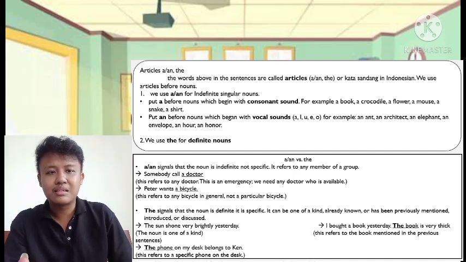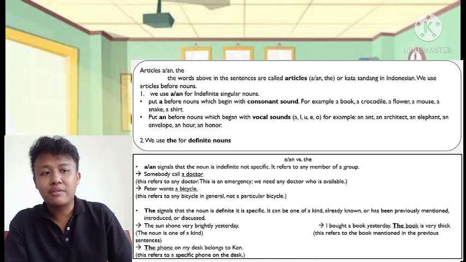The signals that the noun is definite, it is specific. It can be one of a kind, already known, or previously mentioned, introduced, or discussed. For example, the sun shone very brightly yesterday. The noun is one of a kind.